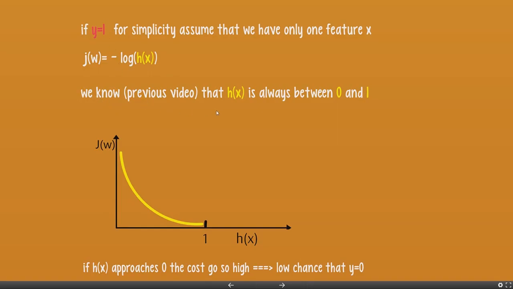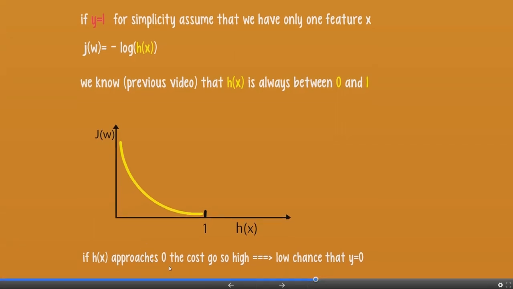We know from previous videos that h of x is always between 0 and 1. I know you might think this is supposed to be w, but it's the same as h of x, because now our cost function is exactly minus log of h of x, and you can consider h of x as a big X. So it gives us that shape. If we want to interpret this, if h of x approaches 0, the cost goes so high.